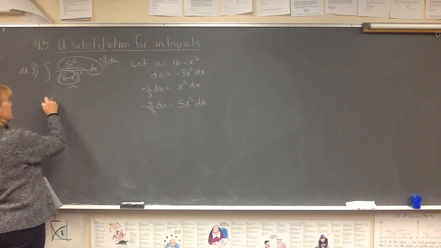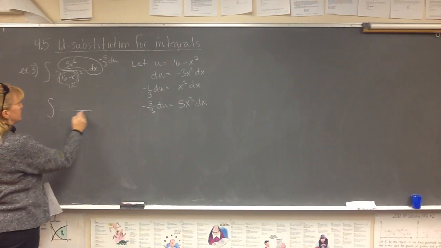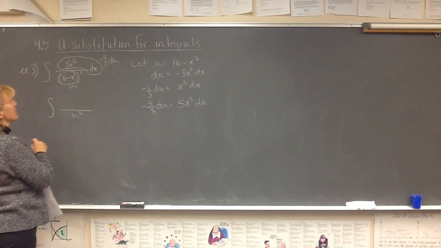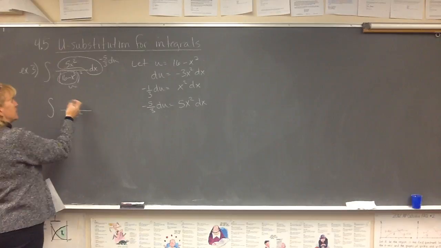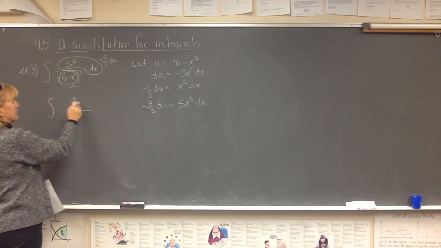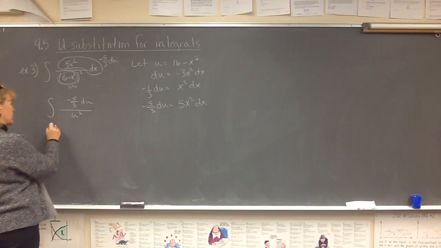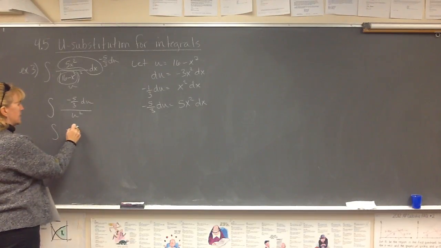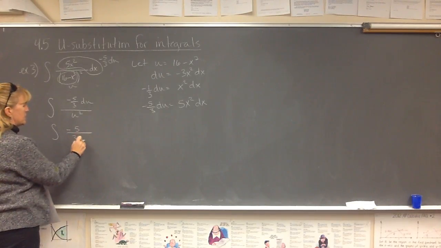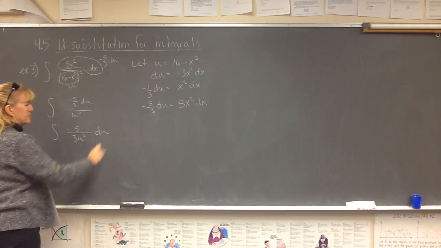So this will turn into the integration. I'll have a u squared in the denominator, and I need negative 5/3 du, which I don't like the way I just wrote that, so I'm going to change this so that it's negative 5/3 over u squared du.